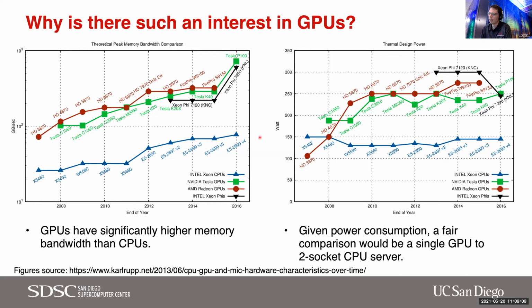And it's not only the floating point performance. So on the left, you see the memory bandwidth, and you see there's a pretty big gap between CPUs and GPUs, and that means the speed with which you can move data between the GPU memory. So the GPU has its own RAM, its own memory, to the GPU processor, versus the CPU RAM to the CPU processor.